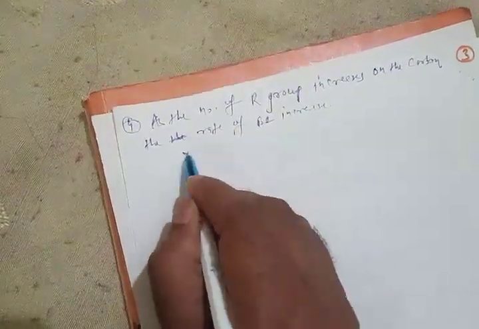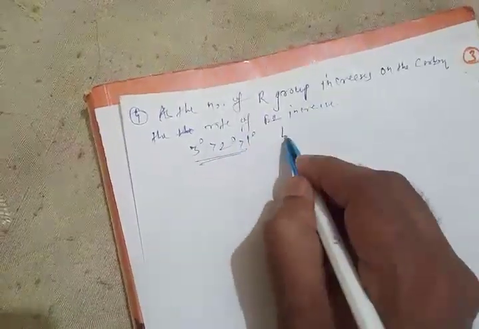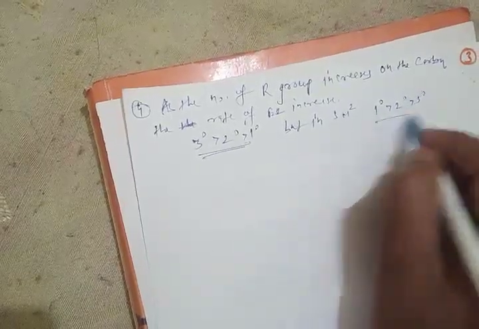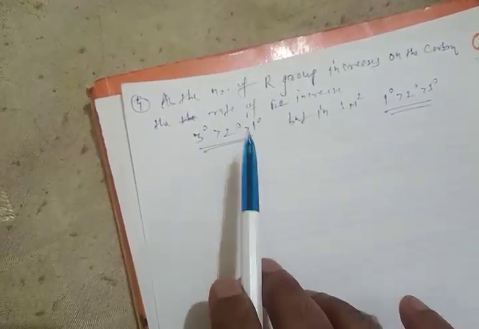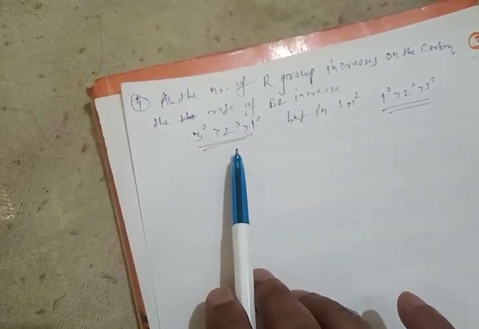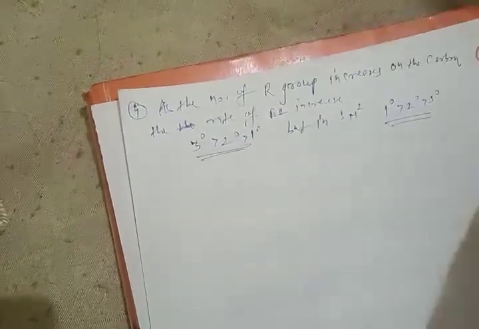So here the order is 3 2 1, but in SN2 the order is 1 2 3. You need to understand this. In E2 the order is 3 2 1, like in E1 also.